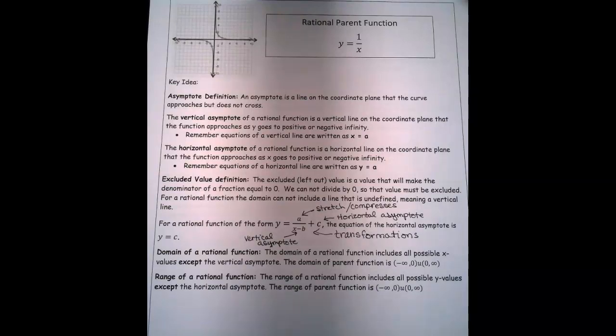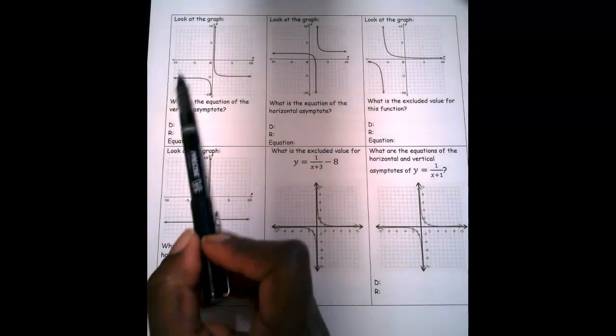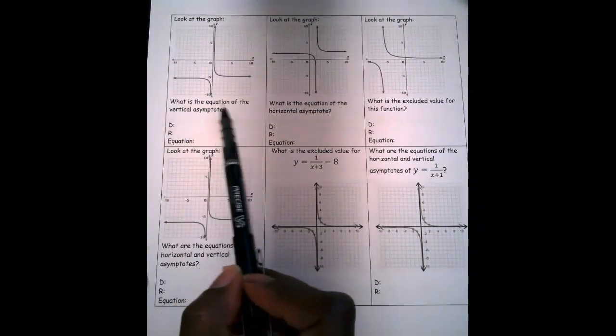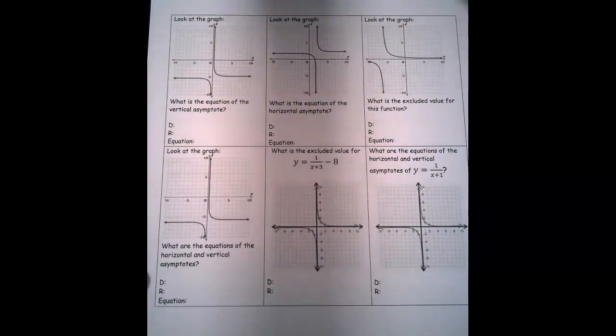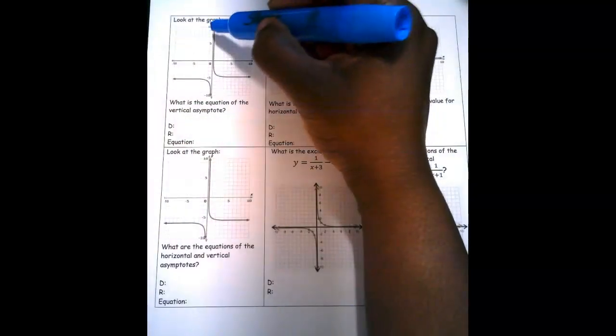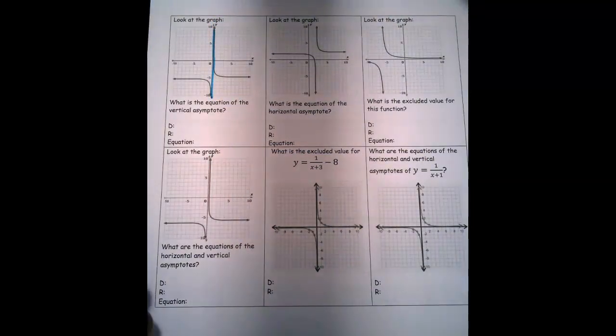So let's go ahead and test a couple of these out. Here we have our first example. We're going to look at the graph and find the equation of the vertical asymptote. So remember, the vertical asymptote is where the curve approaches the y-axis.